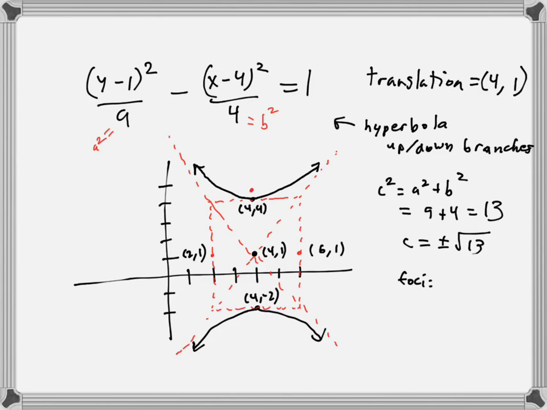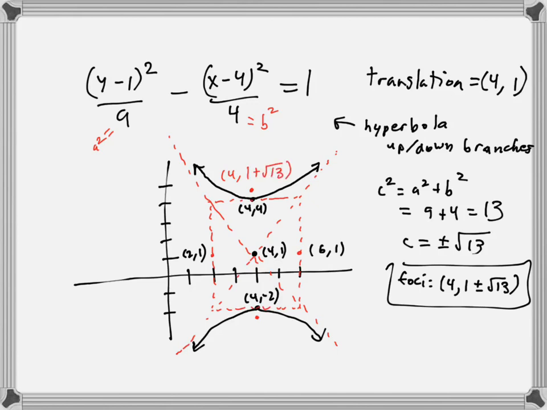So 0.6 above that, and then 0.6 below this. So what would these points be? Just put a 4 and then a 1 plus or minus root 13, because it's getting added to the y. So this would be 4, 1 plus root 13. And this other point would be 4, 1 minus root 13. So these are the foci.